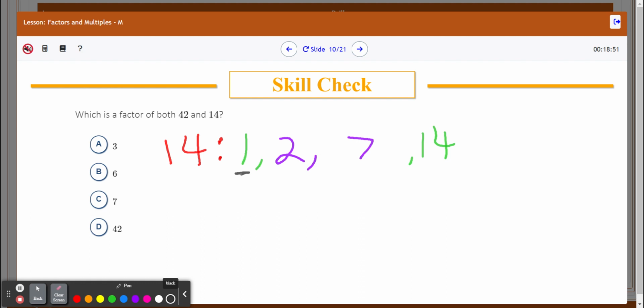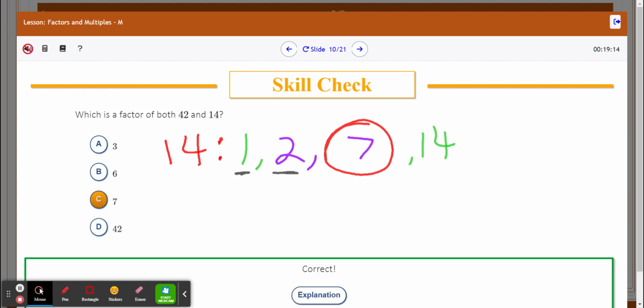Well, 2 is also a factor of 42, right? 2 goes into 42, but that's not one of our options. Well, guess what? 7 is a factor of 42 also, because 7 times 6 is 42. So 7 is a factor of 14. 7 is also a factor of 42.